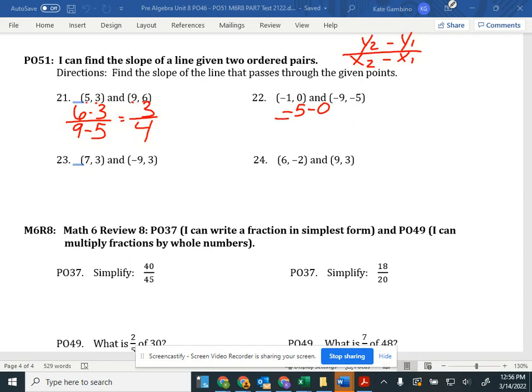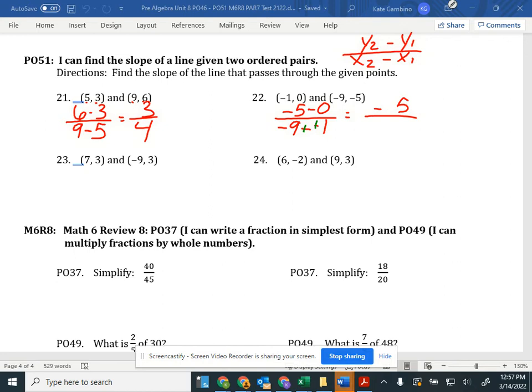-5 minus 0, -9 minus -1. Some of us forgot how to work with our negative numbers, and we forgot how to subtract negatives. Well, -5 minus 0 keeps us at -5. -9 minus -1: when we're subtracting a negative, we're adding a positive.